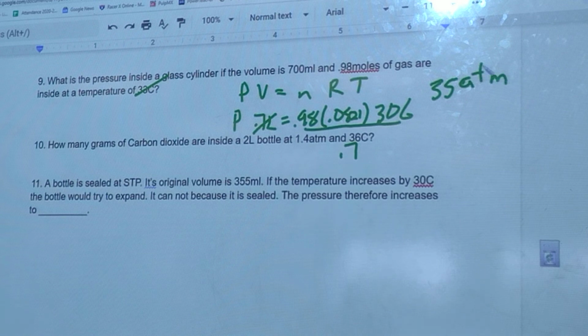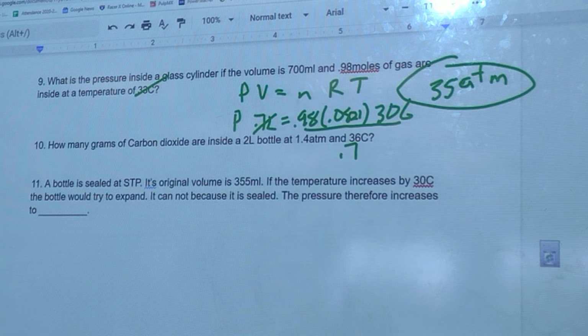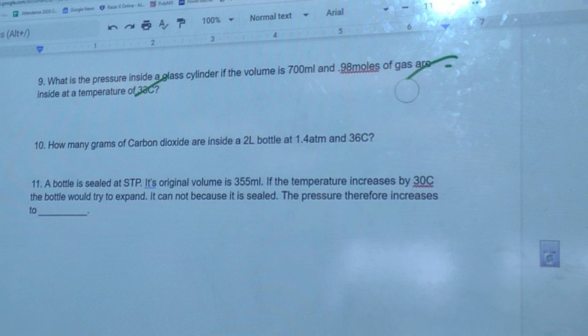Wow, that would be crazy. It doesn't seem right. Maybe I hit a button on my calculator. 0.98 times 0.0821 times 306 divided by 0.7. Yep, that's right. 35 atmospheres of pressure. That's really high. Oh yeah. It's so small. It's only 0.7 liters. That's why it's so high.